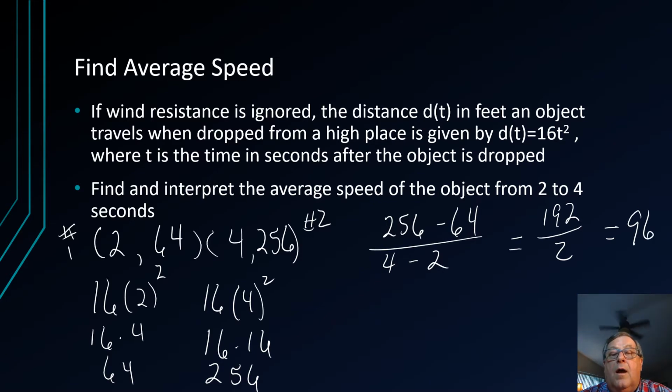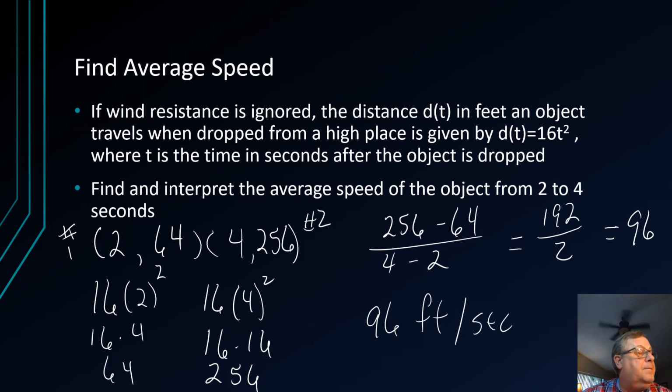And so our average speed as this object is falling between 2 seconds after it's dropped from a high place to 4 seconds is 96 feet per second.